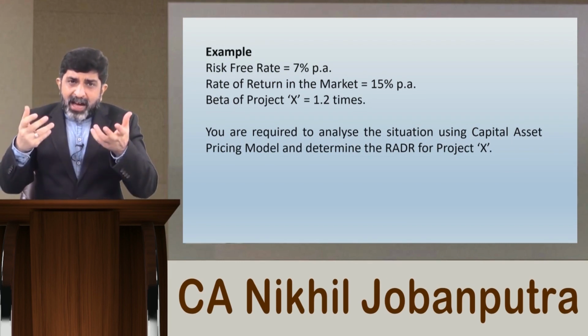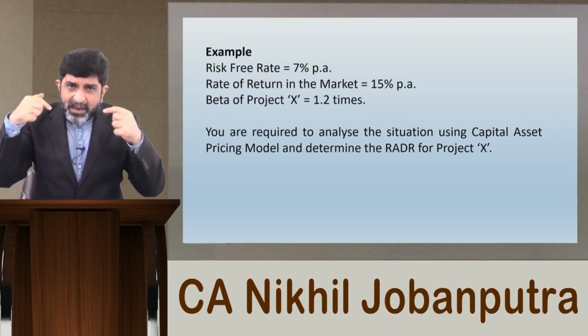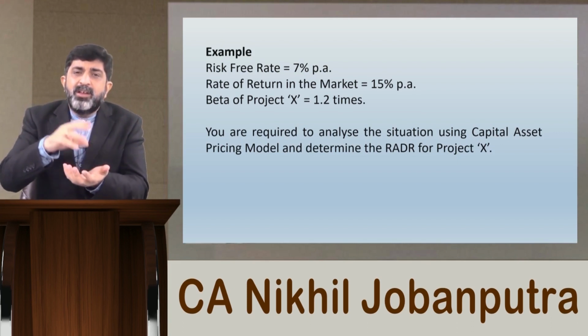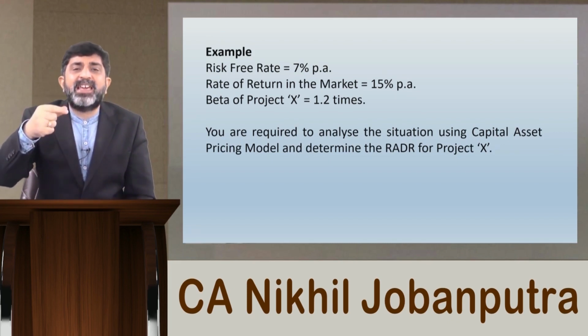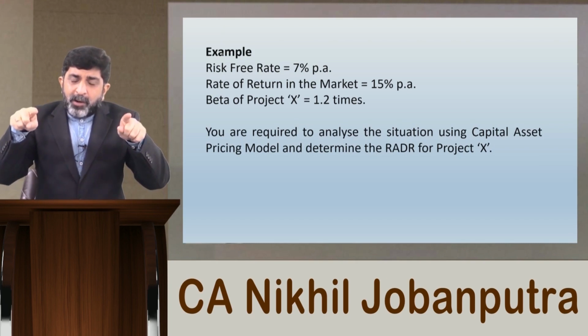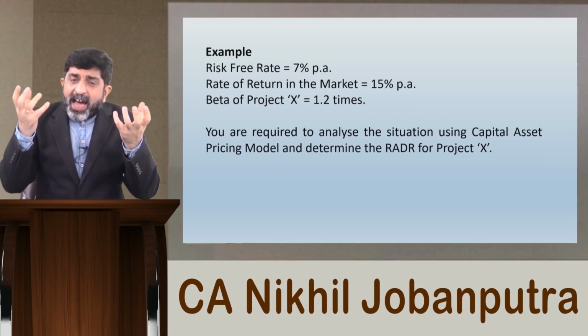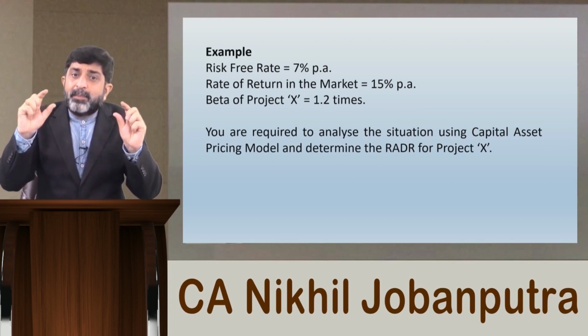Now you had a doubt in your mind: what is this risk premium? Premium is nothing but a reward, an additional reward for taking risk. So when you split that 15% into two segments, the risk-free rate is 7% and the premium for taking the risk will be 8%.